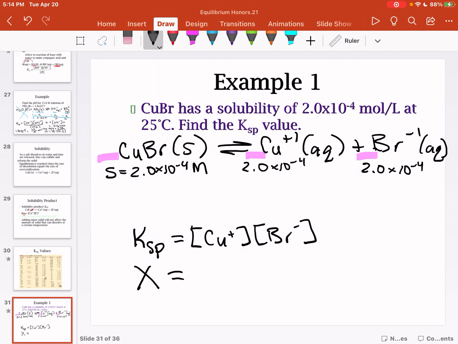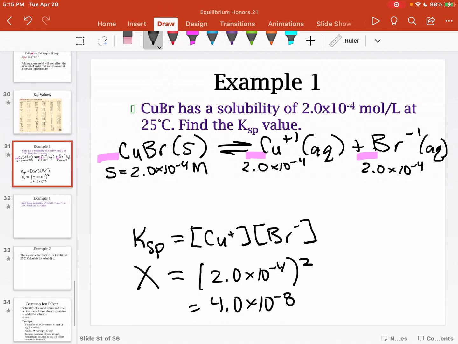And I can go ahead and plug those guys right in there. 2.0 × 10⁻⁴ squared, and my KSP value is going to equal 4.0 times 10 to the negative 8th. And as per usual, there is no unit for a K value.